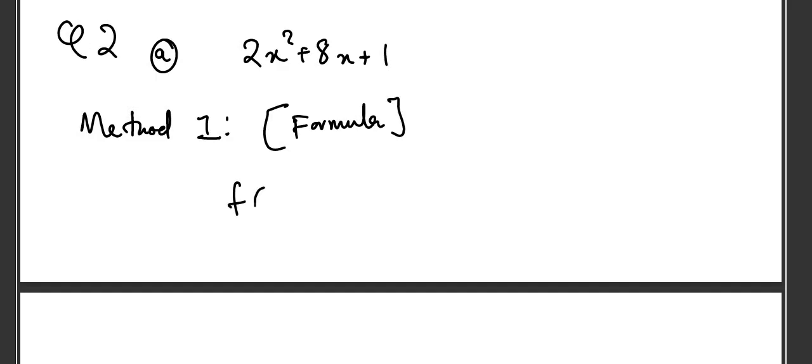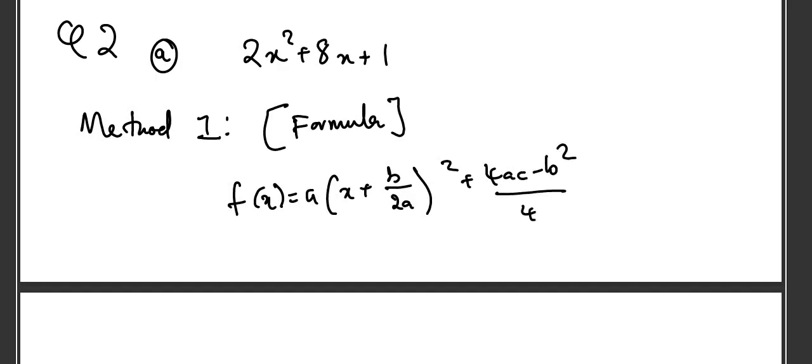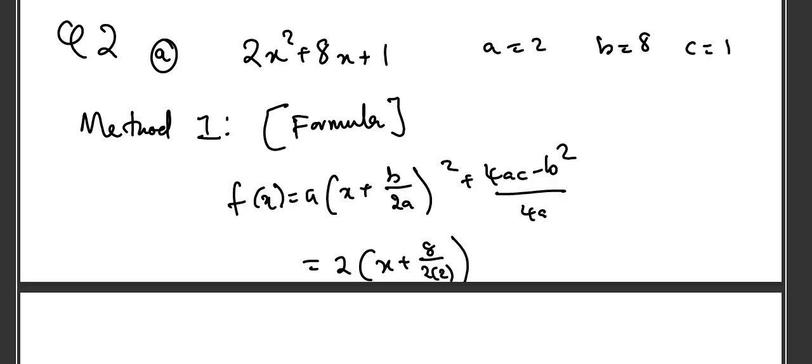The formula says putting anything in a completed square form is simply going to take us to replace in the following expression. So you simply get your A here, A is 2, your B here is 8, your C there is 1. So if we do the replacements, you get a 2, you have x plus 8 over 2 times 2, then this is squared, then this is plus 4 times A times C, minus B squared, over 4A.